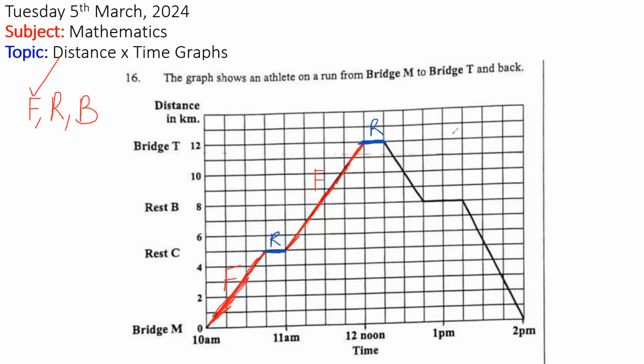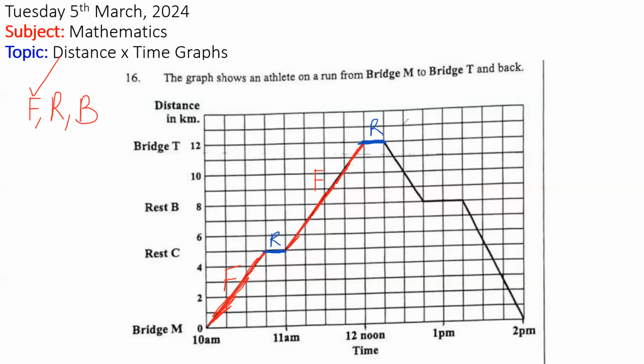Also, Ajani, when we have a horizontal line like this, what does that tell us about the object? Do you know or no?